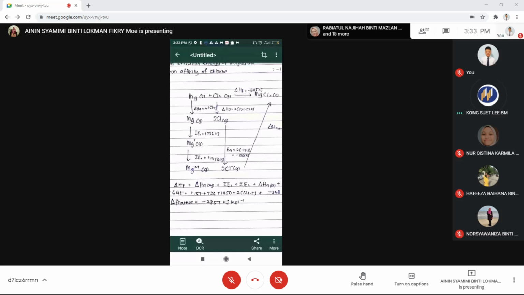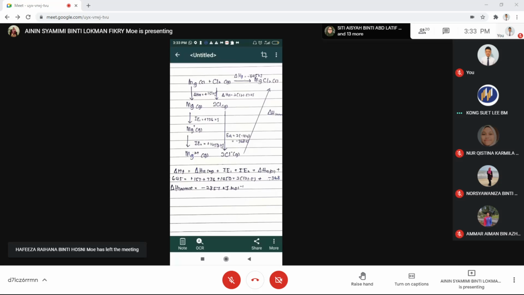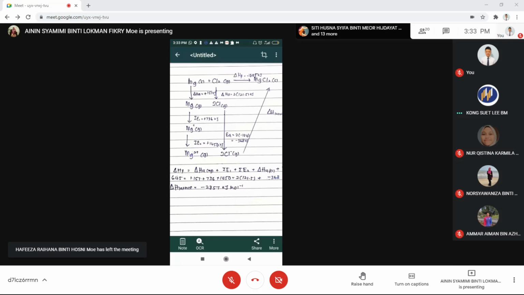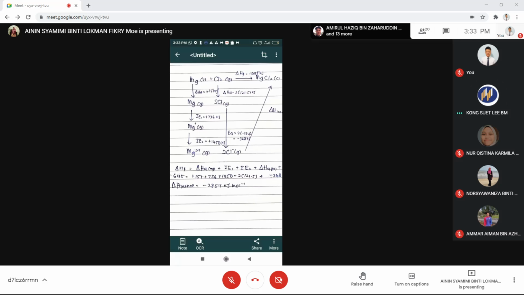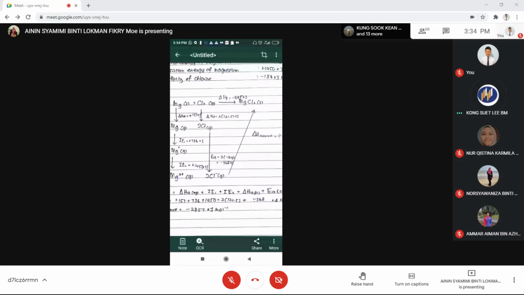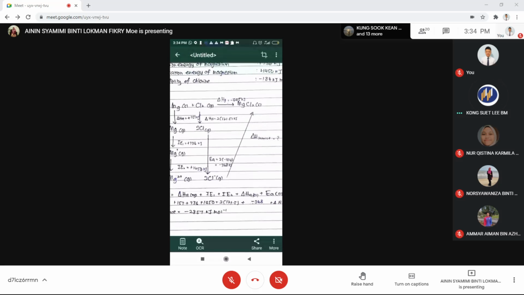And from magnesium gas it loses 1 electron, so it becomes magnesium plus. Here we put first ionization energy equal to positive 736 kilojoule, and next it undergoes second ionization, so it loses 1 more electron and becomes magnesium 2 plus. And next the chlorine here becomes 2 mole.